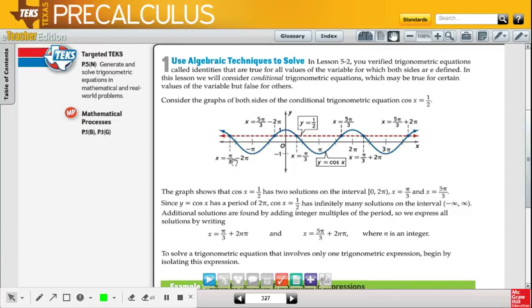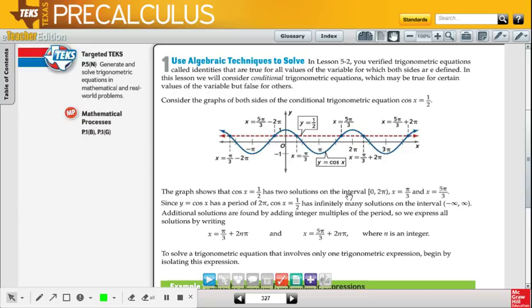And then there's two more at the very end of the graph function. Now, as you can see, the graph has arrows on the end, so that means there's an infinite amount of solutions. But why did it give us two solutions, which were pi over 3 and 5 pi over 3? Well, I mentioned before, it depends on the given domain.